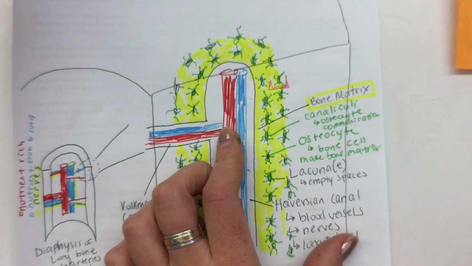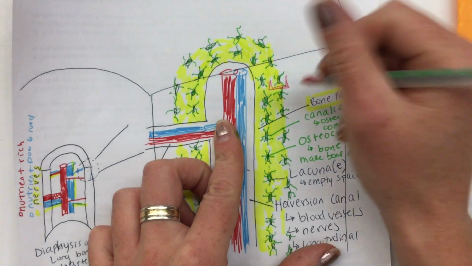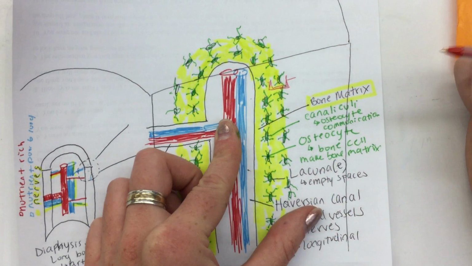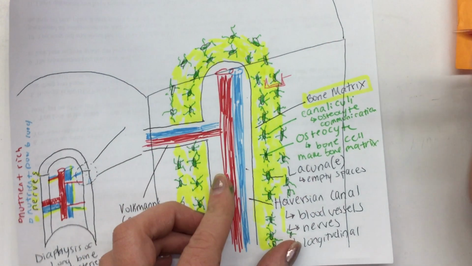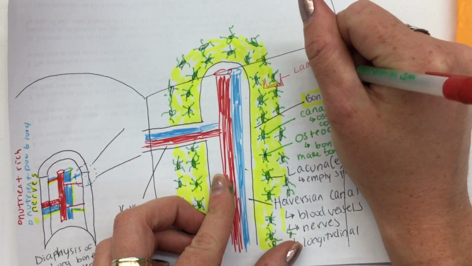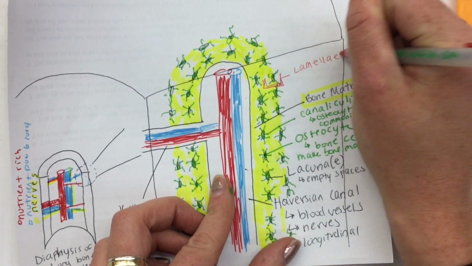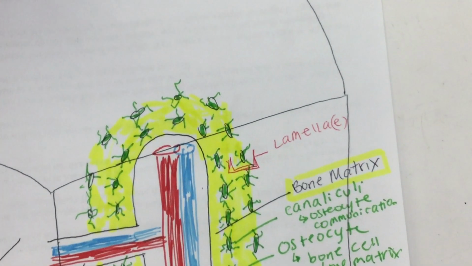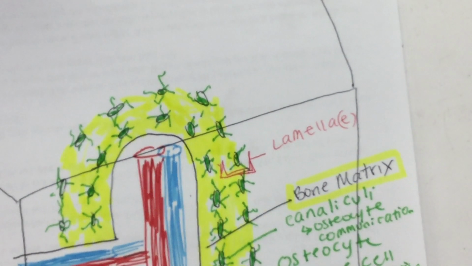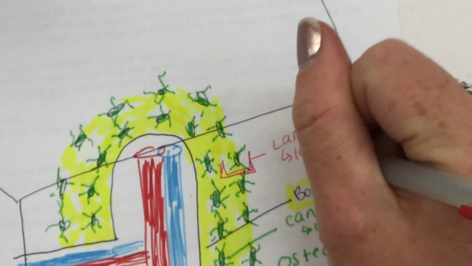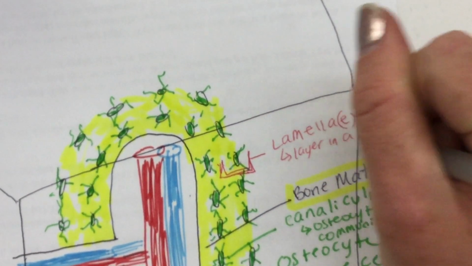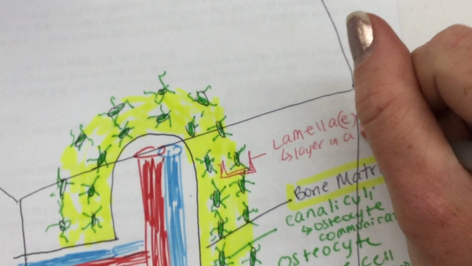So we have 2 layers, I'm going to bracket it, that's 1, and it's called a lamella. The layers are called lamella. If you have more than 1 layer, which we do, we call them lamellae. Okay, and this is a layer in a Haversian system.